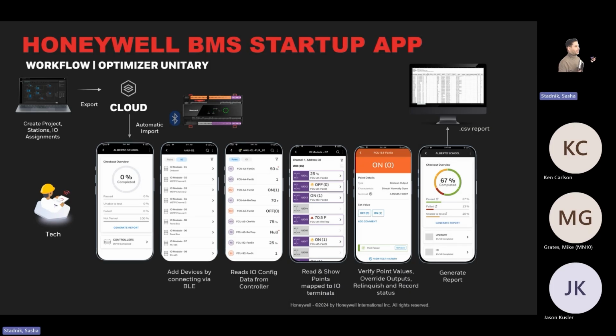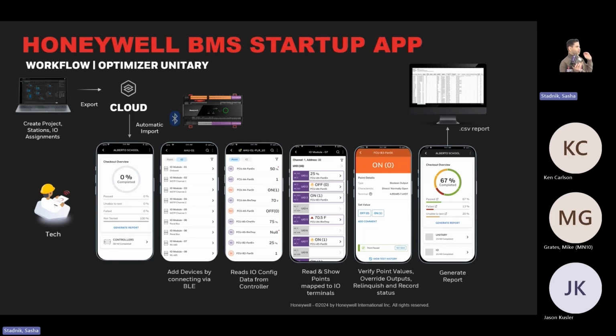To avoid that, we created what we call the wiring checkout. It's only available for Bluetooth devices. The app is free to install, but to get access, we need to set you up in the system. Once you have access to the system, you can start validating that wiring through your mobile phone without even having a laptop there.